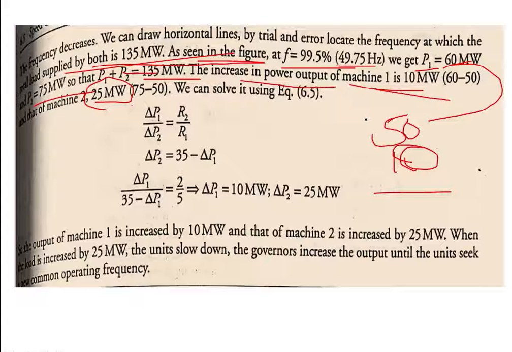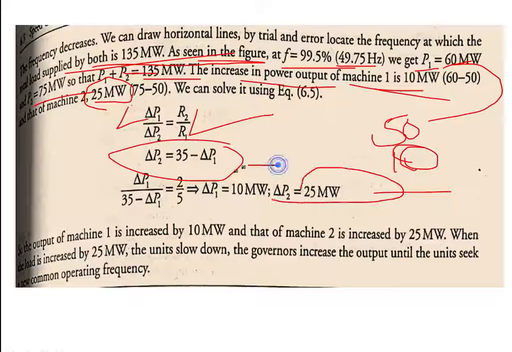So 75 is the new power and 50 is the equally shared load power. Then we know the droop characteristics: delta P1 by delta P2 is equal to R2 by R1. From this equation you have to find the values of delta P1 and delta P2.